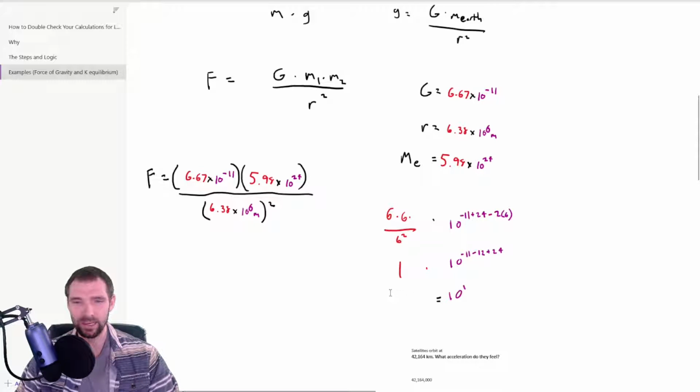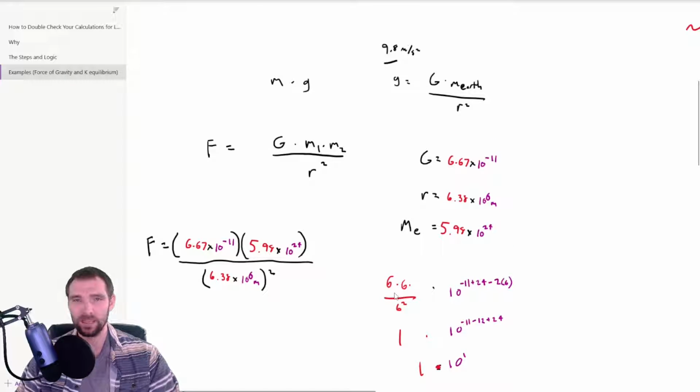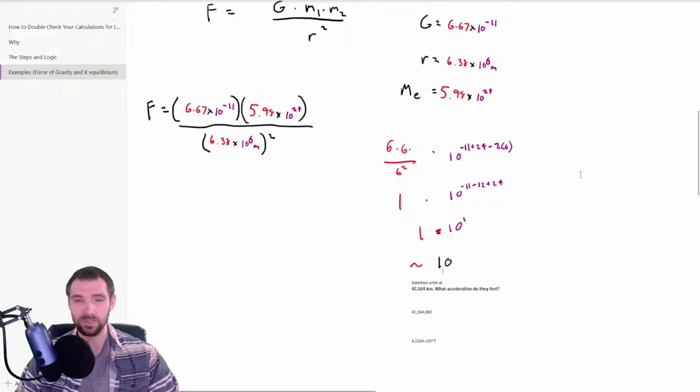So we know our answer actually is about 1 times 10 up to the first power. And so we can actually estimate this whole thing to be about 10. And that actually matches up with reality. So if we look at reality, it's about 10 meters per second squared, roughly, if we do a rough estimate. And you can kind of see how these exponent rules apply in that situation to help us understand what's going on there, right?